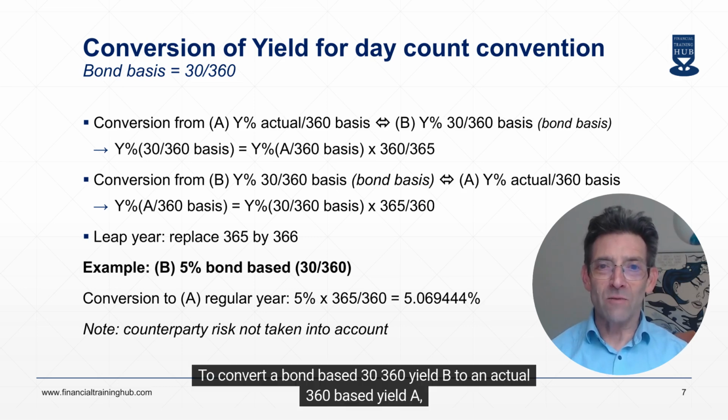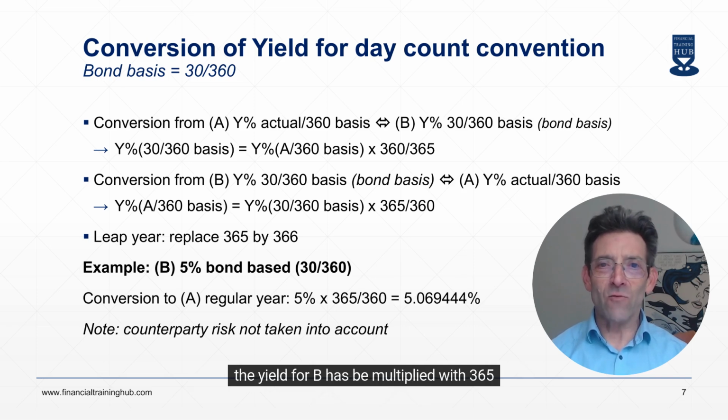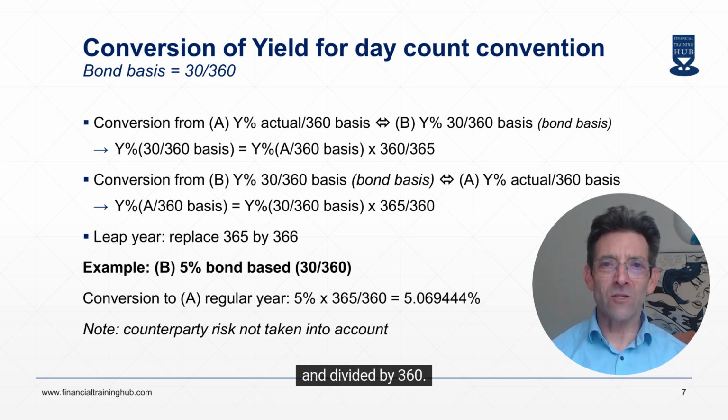To convert a bond-based 30/360 yield B to an actual 360-based yield A, the yield for B has to be multiplied with 365 and divided by 360. If it concerns a leap year, the 365 has to be 366 days.